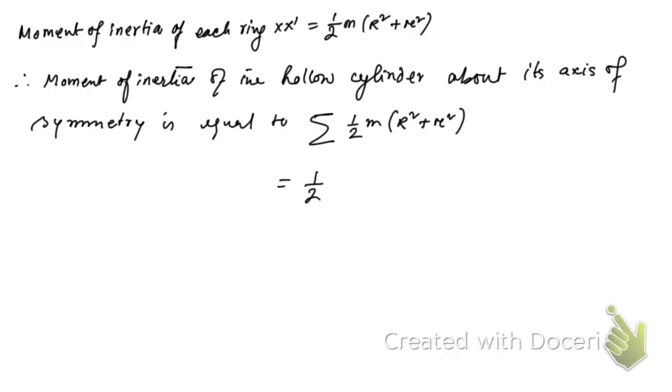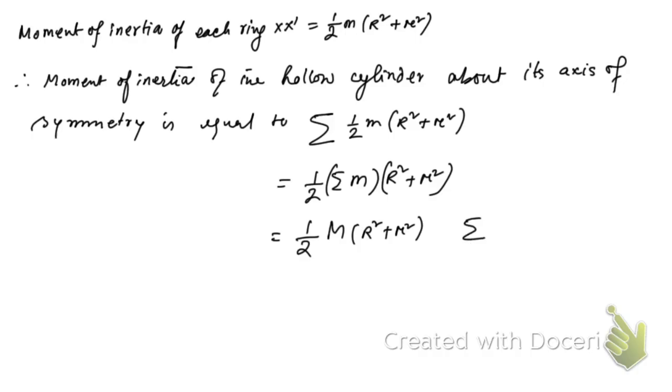Here we can write the summation of m times capital R squared plus small r squared. And if you add the masses of all the rings, you get the mass of the cylinder. So you get half capital M, capital R squared plus small r squared, where the sum of small m is equal to capital M. So this is our answer. Hope you have understood this.